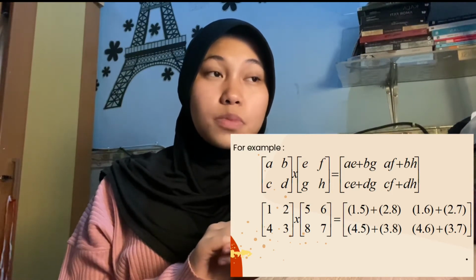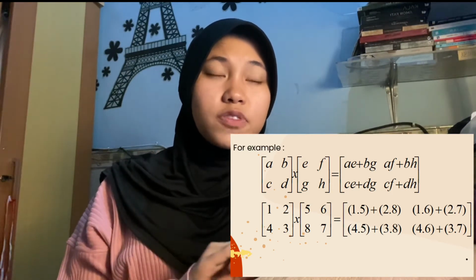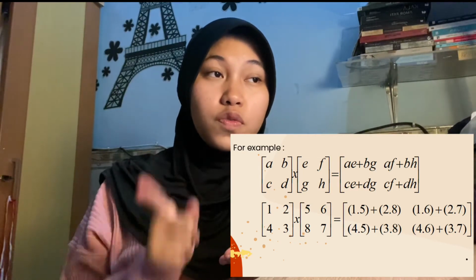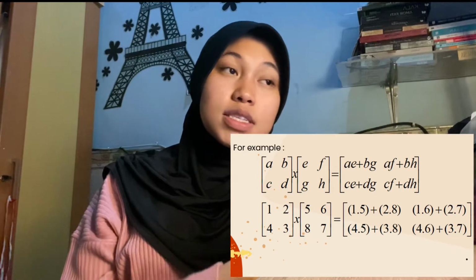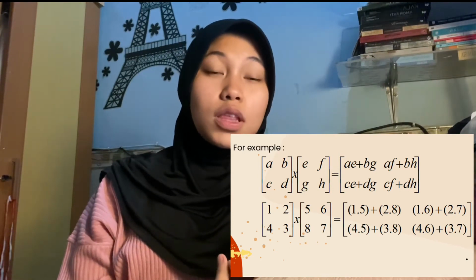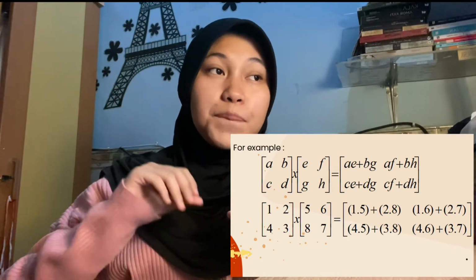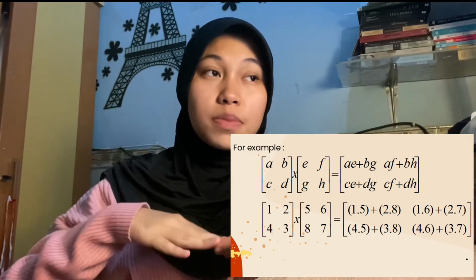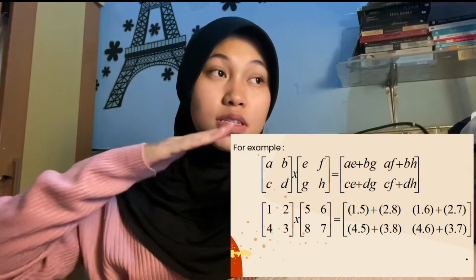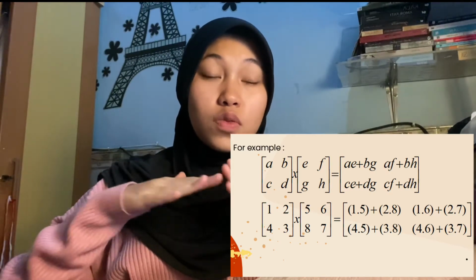Like the first matrix is 1, 2, 4, 3 multiplied by 5, 6, 8, 7. So it equals, the first matrix with the columns in the second matrix has the same number of rows and columns.